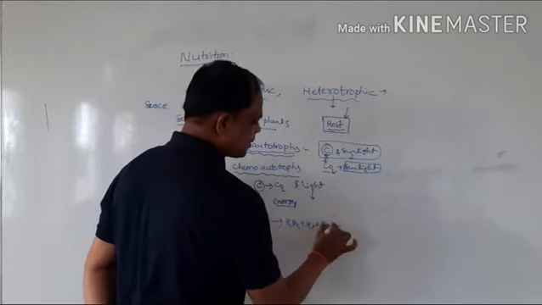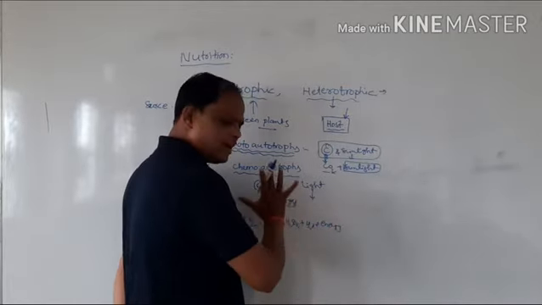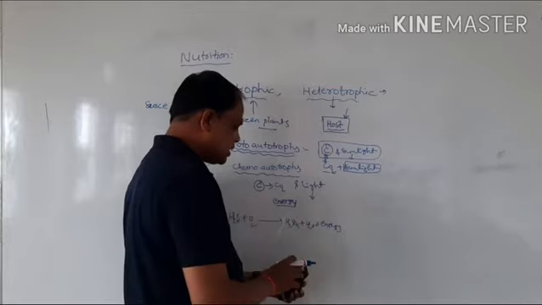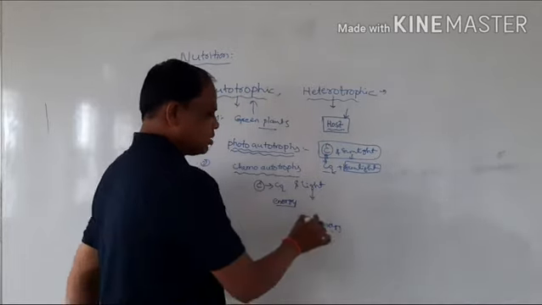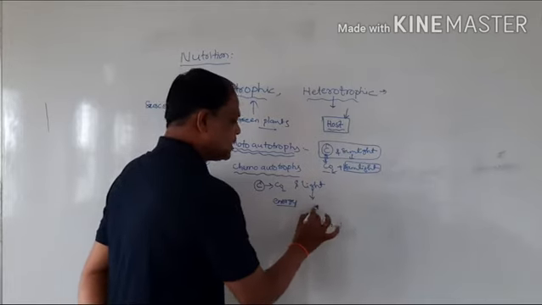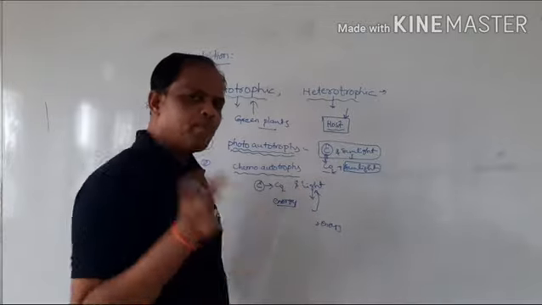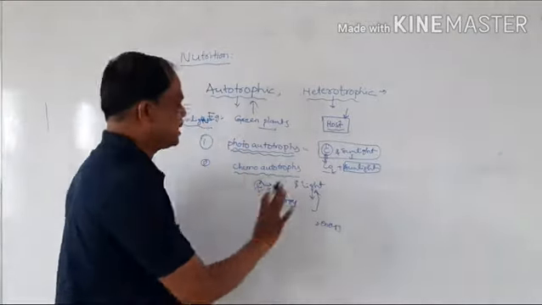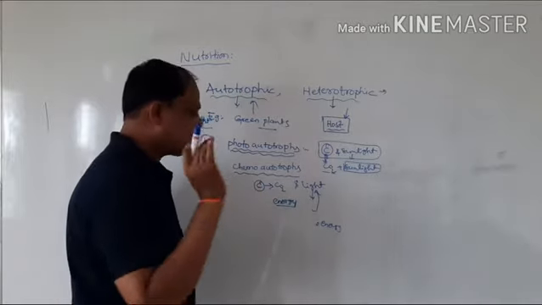In these oxidizing reactions energy is released. These organisms utilize this energy to manufacture food materials, and such organisms are called chemoautotrophs.